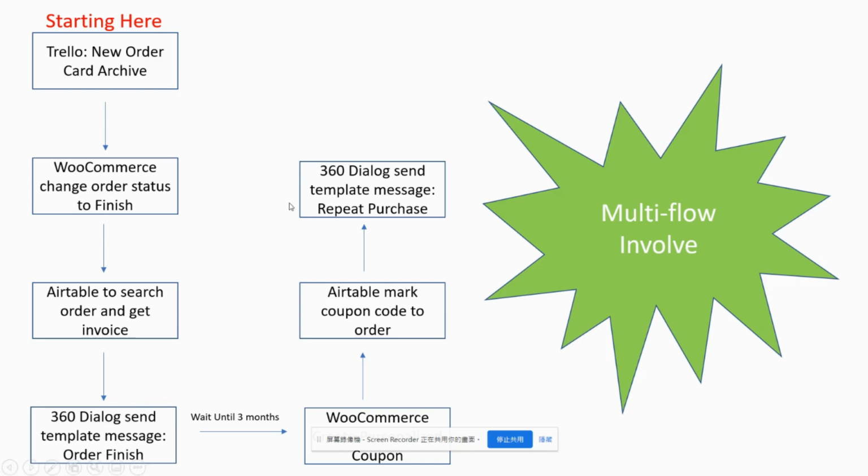Then I will send another 360dialog WhatsApp campaign message to tell the customer it is time to change your socks because of the hygiene problem. You can come back to my store, and I will give you a discount to encourage you to buy again.